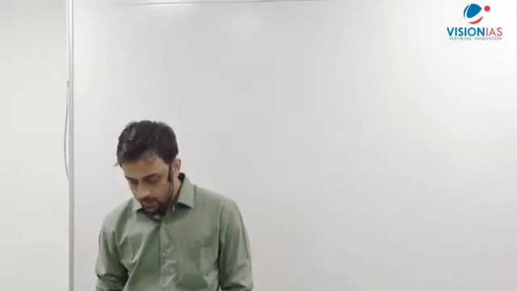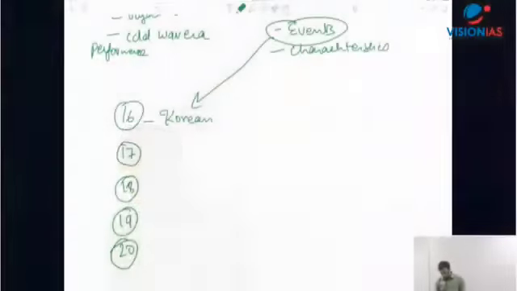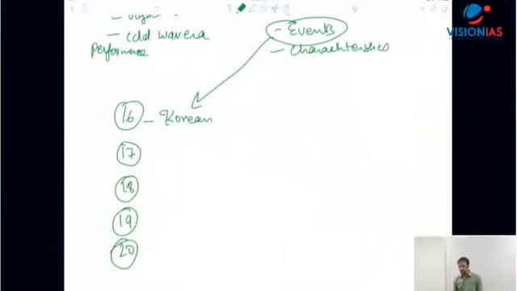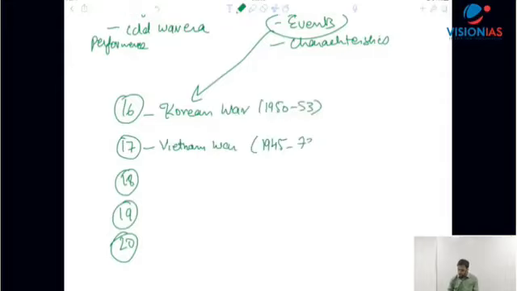For example, the Korean War, the causes, the events, and the significance. Similarly, the Vietnam War. The Korean War is from 1950 to 53. The Vietnam War starts from 1945 and ultimately lasts up till 1973.